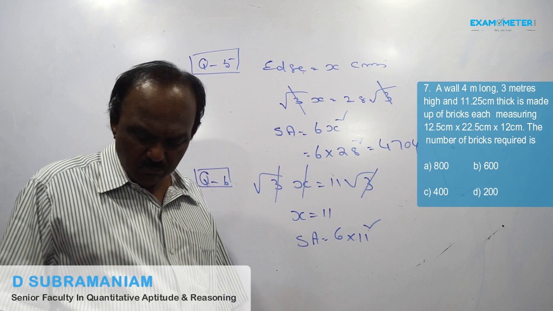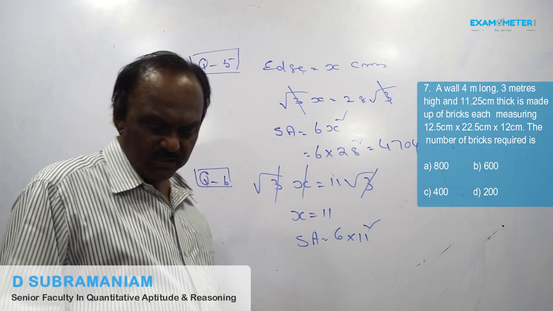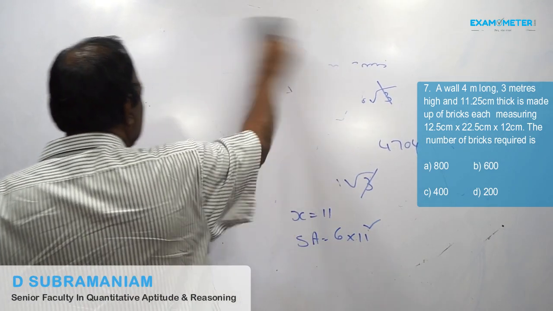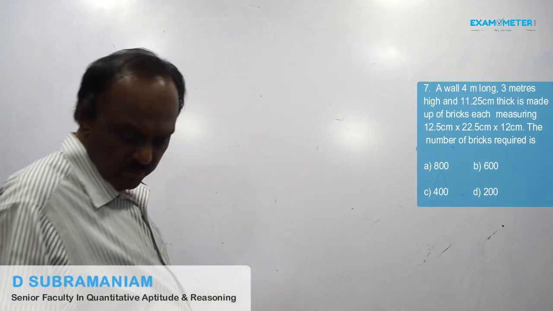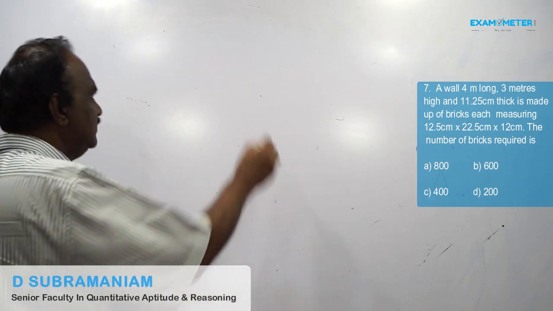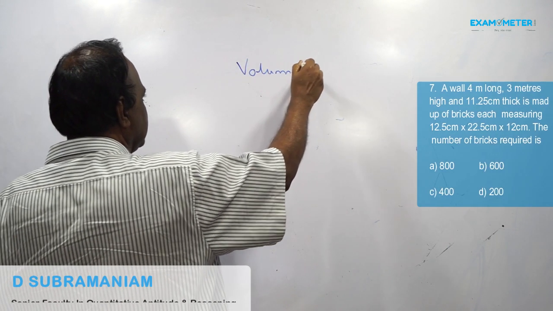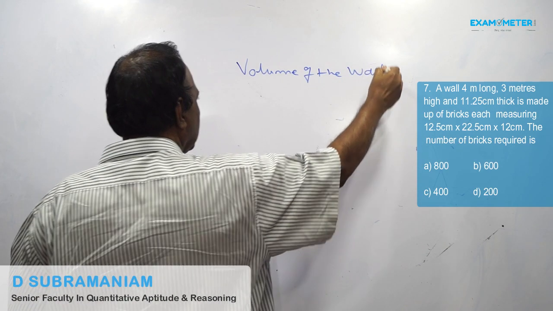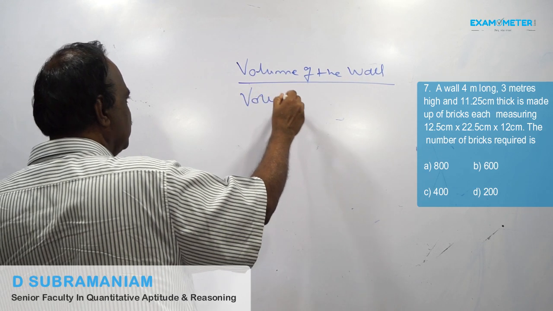The required number of bricks is, write down, number of bricks is equal to volume of the wall. Number of bricks is equal to volume of the wall divided by volume of each brick.